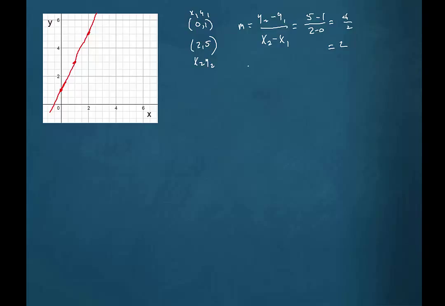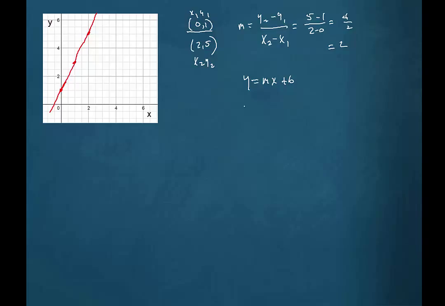And then to finish finding the equation of the line, we could use the linear form y equals mx plus b. Use one of these ordered pairs for x and y, and use 2 for m, and then solve for b, which we already know is going to be 1 because we have the y-intercept here, (0, 1).